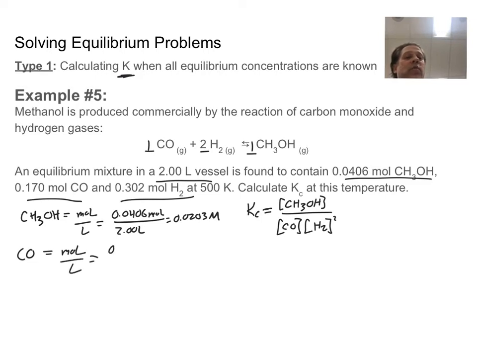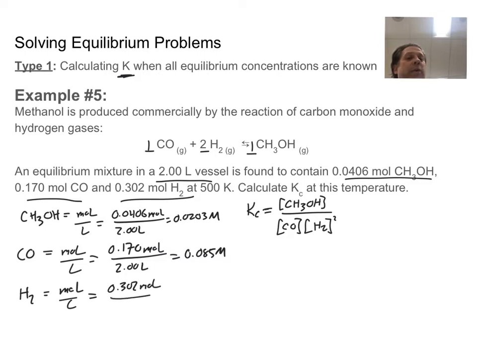So that's 0.170 moles over 2.00 liters. 0.17 divided by 2 gives me 0.085 molar. And the hydrogen is moles per liter, which we have as 0.302 moles over the 2.00 liters. So 0.302 divided by 2 gives me 0.151 molar.